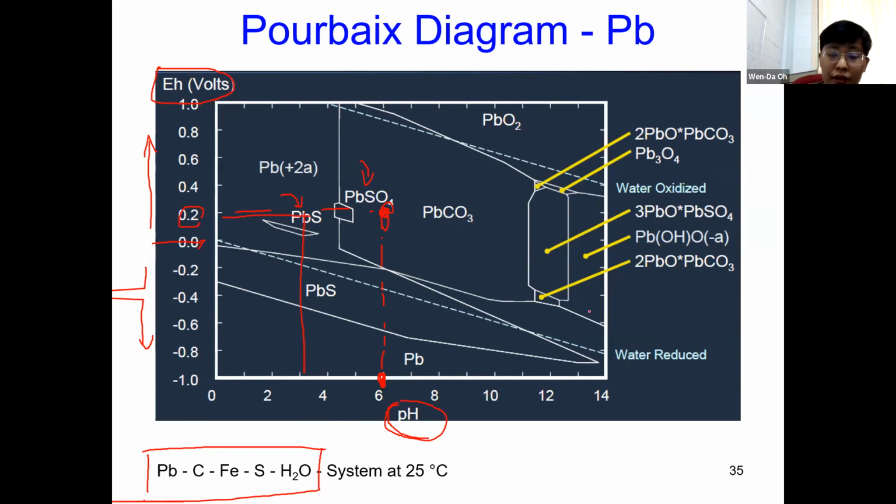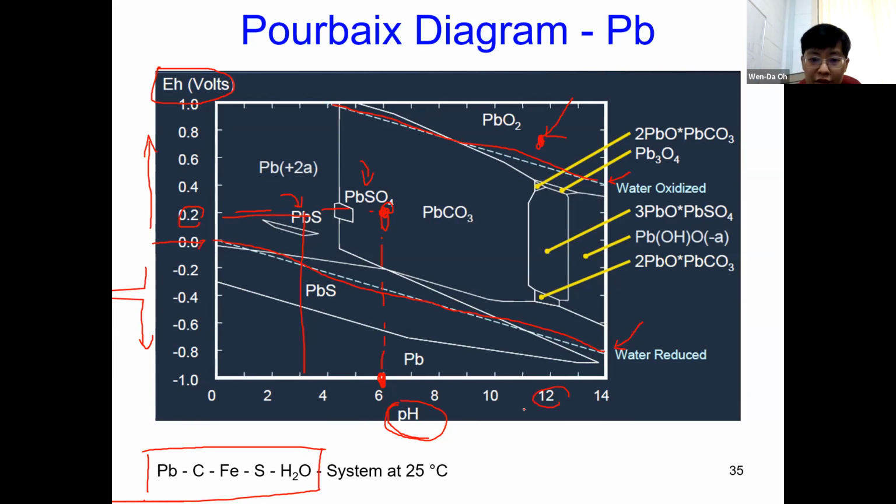There are also two things we have to take note of, this line and this line. One line is where water is reduced. The other line is where water is oxidized. If you are concerned with the water system, let's say you have pH 12 and 0.8, this part is no longer relevant, because it cannot be in the water system since water has been oxidized under this condition.